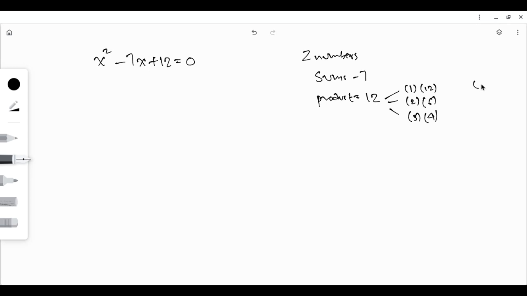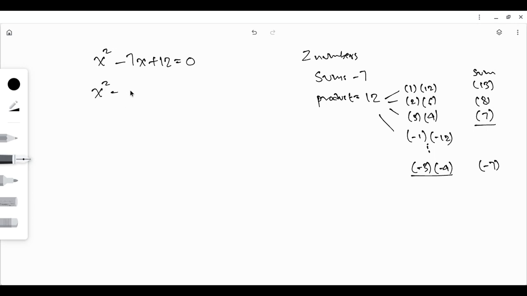And if you look at the sum here, the sum is 13, 8, and 7. So this is the one we are interested in. Also remember that I can also have a product of two negative numbers and so on. So that's why I know that's the pair that is going to work for me.